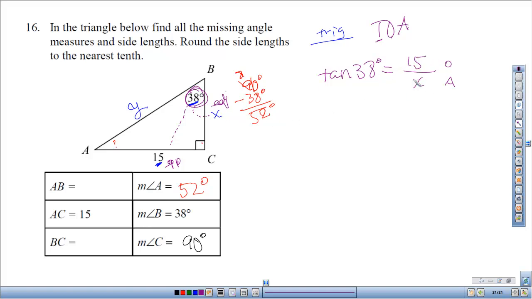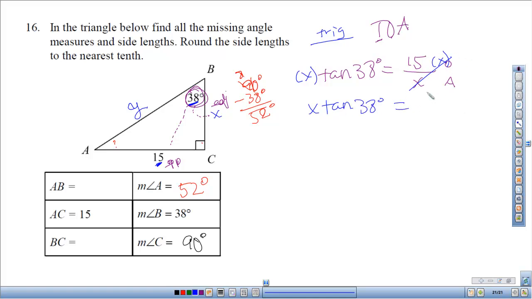All right, so we've got our trig problem all worked out. Now we need to do some algebra to get the x where we want it. And the x is on the bottom. That is bad. What would undo dividing by x? Well, the opposite of that would be multiplying by x. If I multiply by x on one side, I have to multiply it by x on the other side, so those will cancel. Now I have x times the tangent of a 38-degree angle, and it equals what?